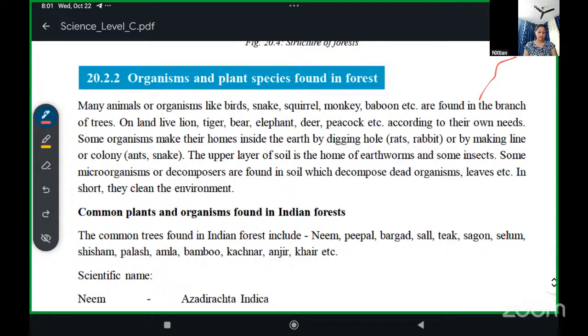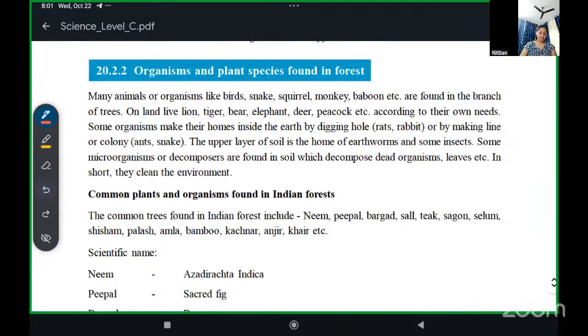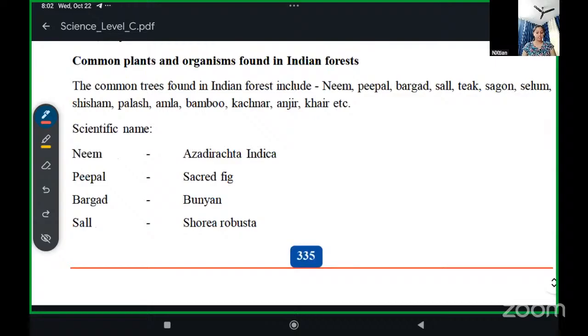Now, common plants and organisms found in Indian forests. The common trees found in Indian forests: neem, peepal, bargad, sal, teak, sagon, salem, shisham, palash, amla, bamboo, kachnar, anjeer, kher, etc. Some of them are used to make furniture, like sagon and shisham.